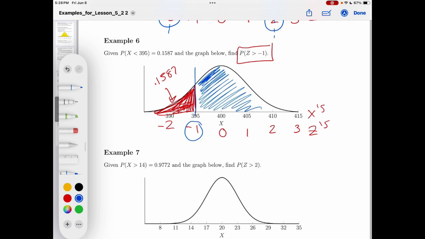Since I know the red area is 0.1587, to find the blue area, everything to the right of that, all I have to do is subtract from 1. So the probability that z is greater than -1 is equal to 1 minus the red area, which is going to be 0.8413.